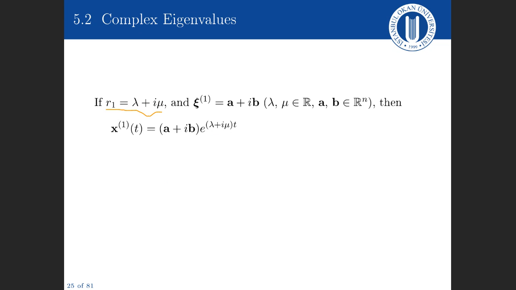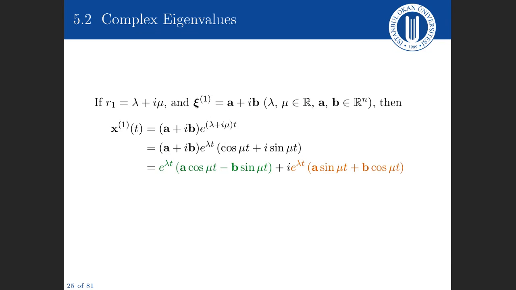Now, let's suppose r1 is lambda plus i mu, and let's suppose that xi1 is a plus ib, where lambda and mu are real numbers, and a and b are real vectors. Then we can write x1 like this: (a plus ib) e to the power of lambda t, (cos mu t plus i sine mu t). And let's rearrange this so that we separate all of the real parts from all of the complex parts.